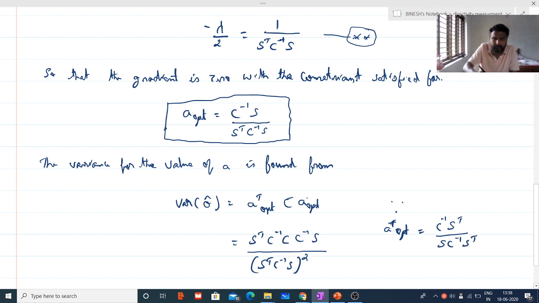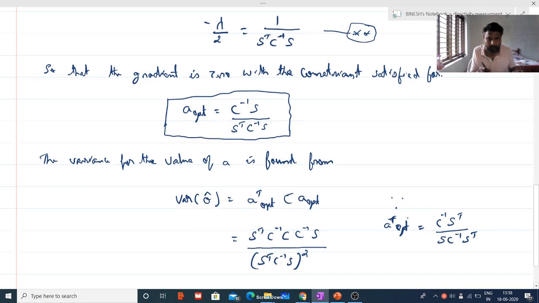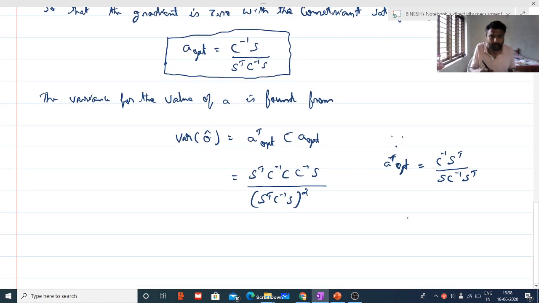So we will get this one. Are you getting it? The common terms we will delete. So variance of theta cap, no need to write this expression here; if you want you can, no problem, but don't elaborate the expression.